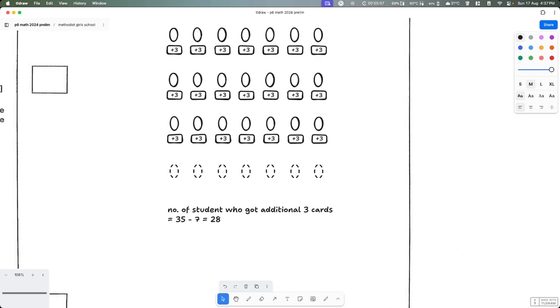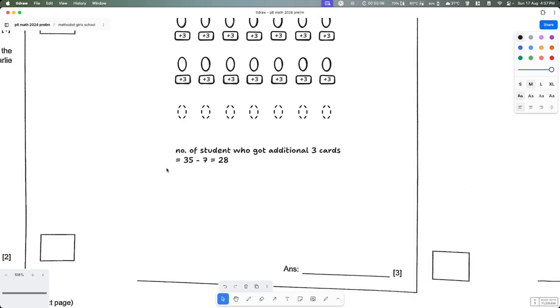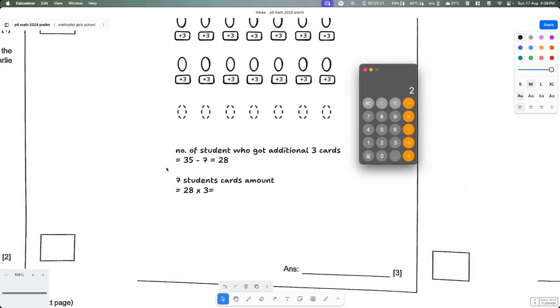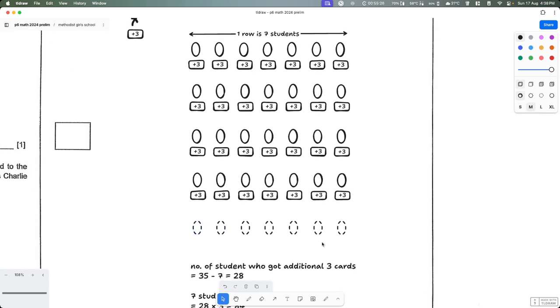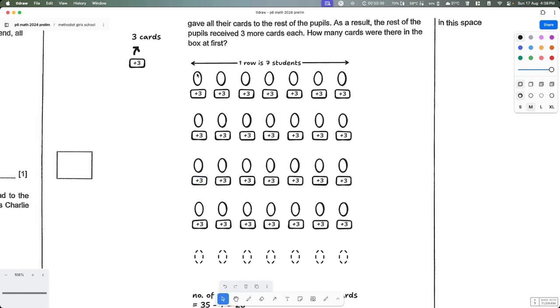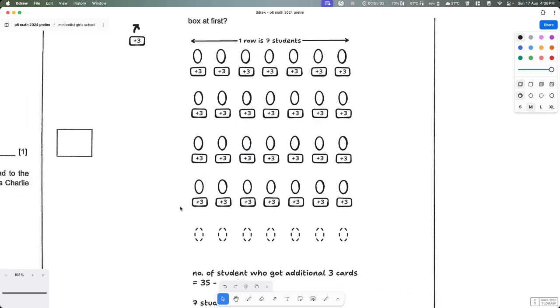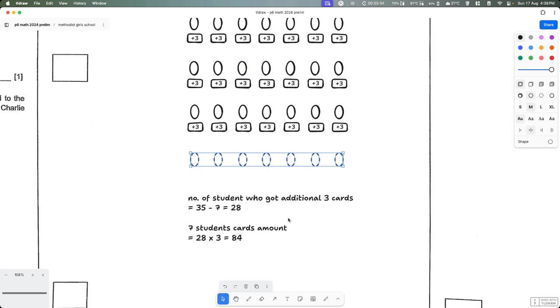So that means the 7 students' card amount is equal to 28 times 3, which gives us 84, right? Because 7 of them give away additional 3 to the rest. So basically the 7 students' card amount is 84.